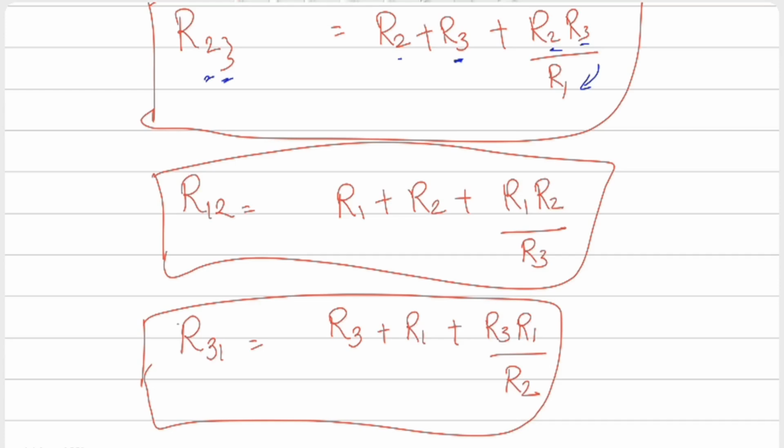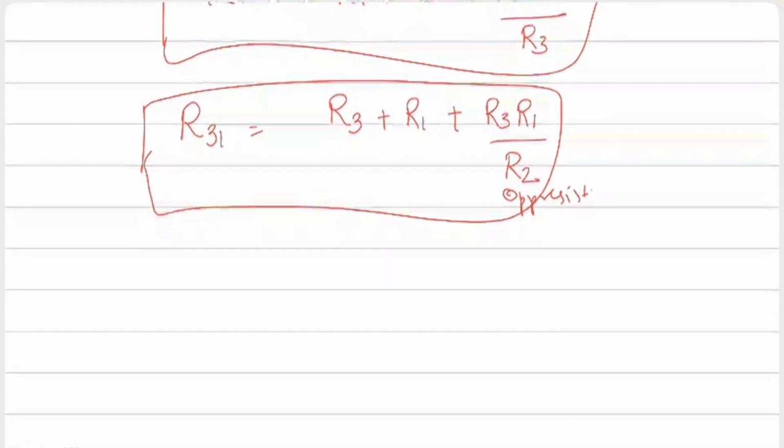So it is the sum of the star resistance taken two at a time divided by the opposite resistance. I hope you get the idea.